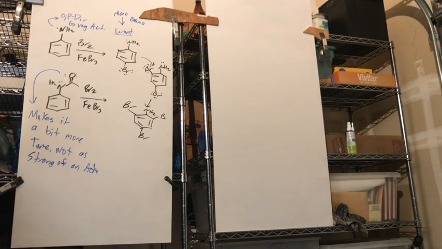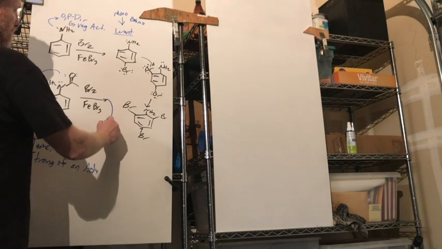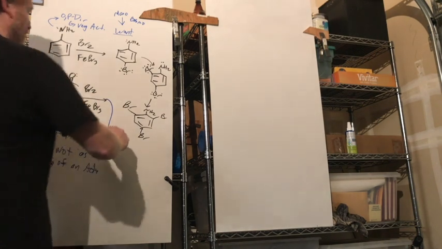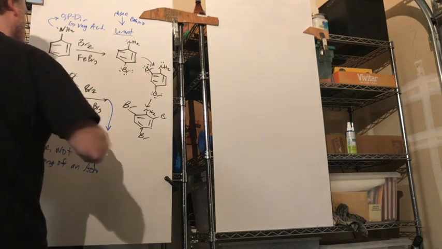So actually most often you don't use this, you use this because this is just so reactive. And so this reaction you can get, it'll be easier to get just say the monobrominated product. And then after you get the monobrominated product, you can remove this. And we'll be learning about that in future chapters.